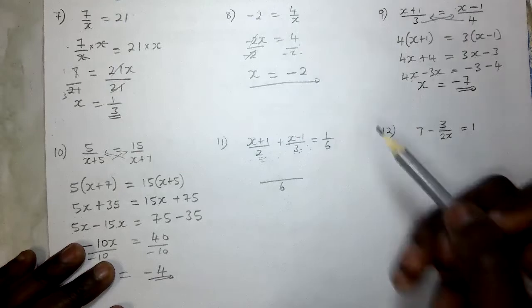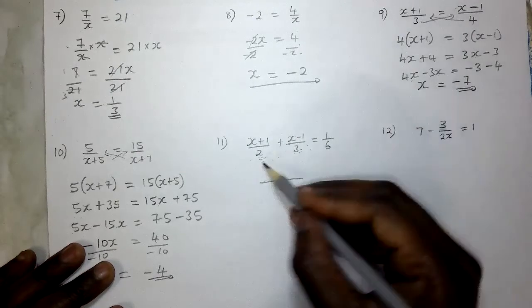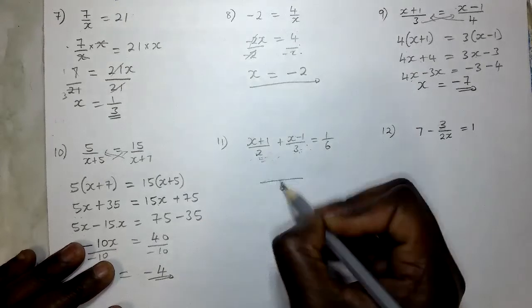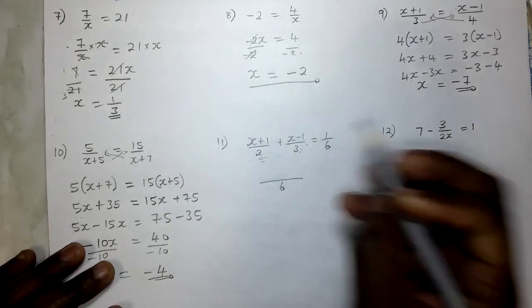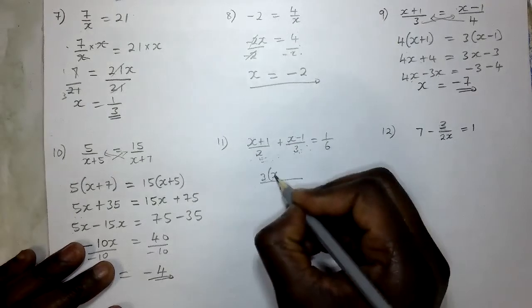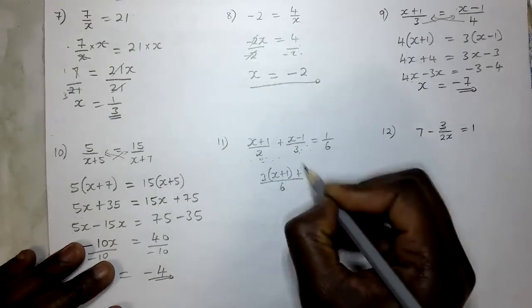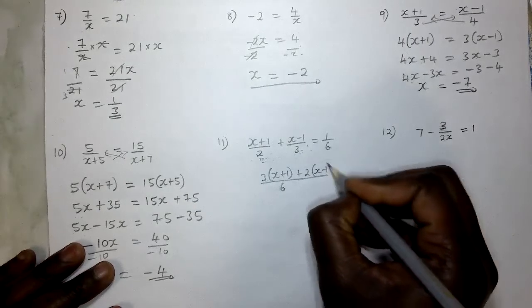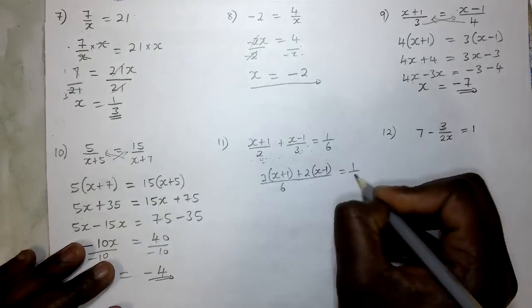Now, when we have our 6 here, what do we have? We're going to say 2 into 6, 3 into 6. We get 3x plus 1 plus 2x minus 1 is equal to 1 over 6.